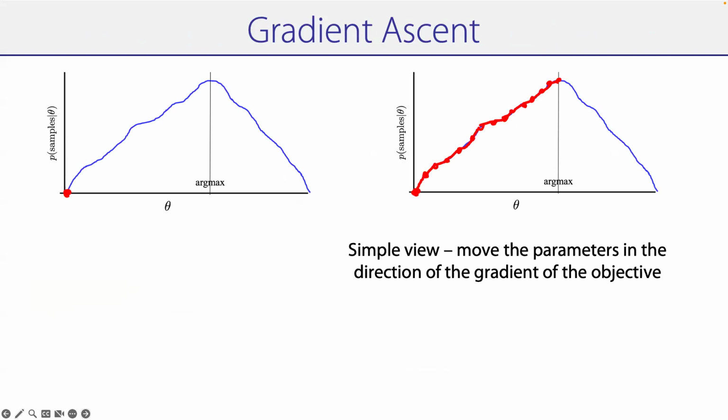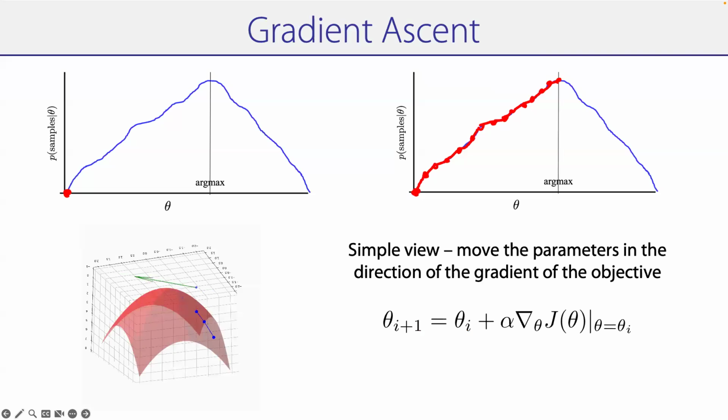You compute the gradient at every step iteratively, take a small step, compute the gradient again, and repeat. Generally the objective looks like this: theta i+1 is theta i plus some step size alpha times the gradient of your objective J with respect to theta, with theta set equal to theta i.